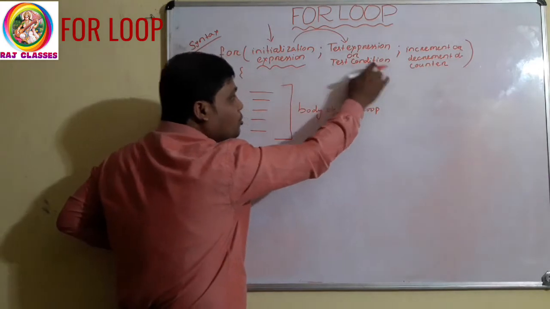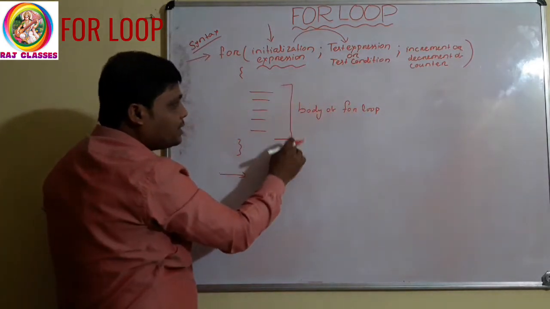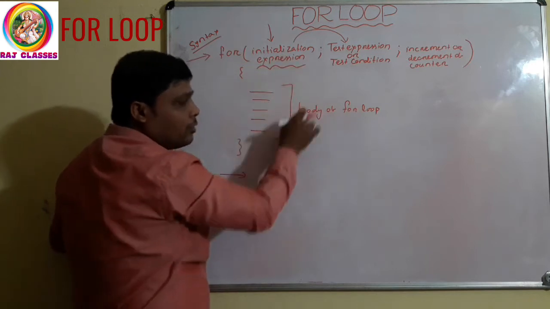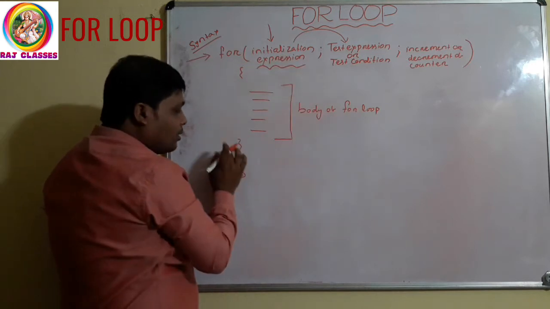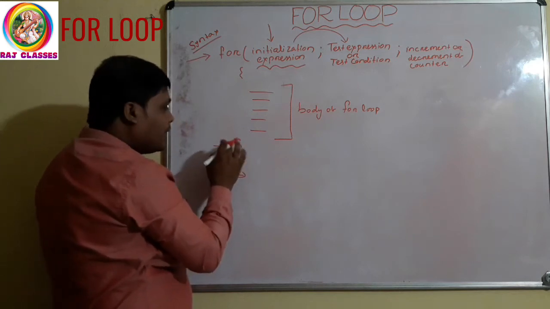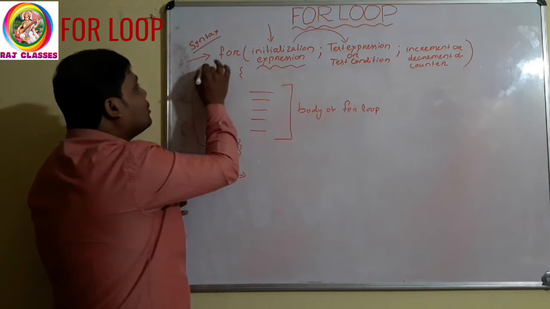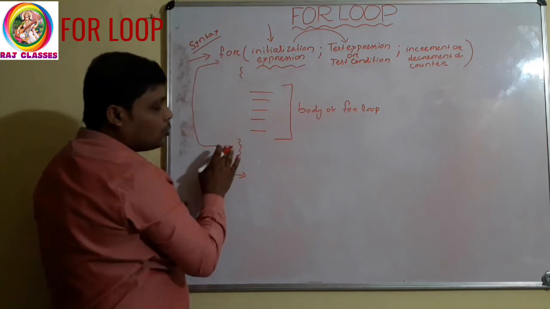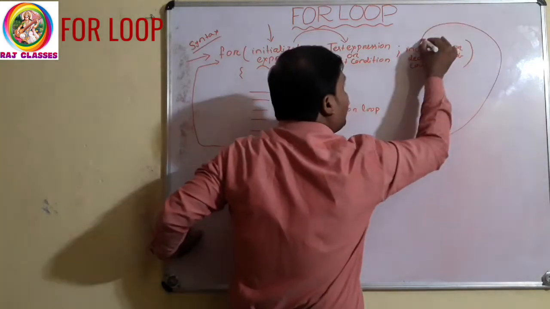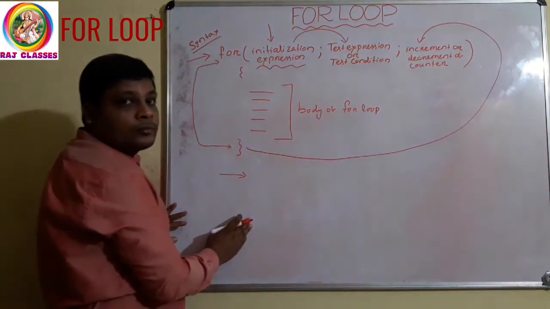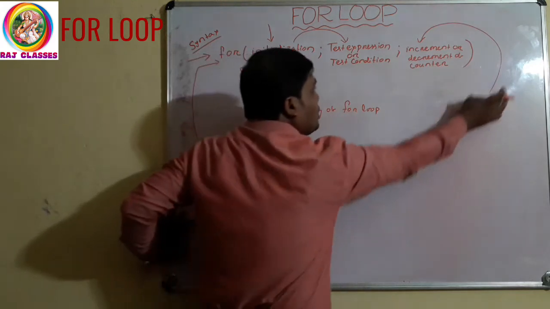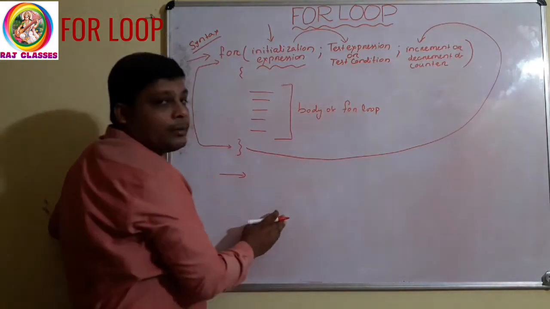If the condition is true, the statements under this for loop, the body of for loop, will execute. Then when the control reaches the end of for loop, it will automatically go to the starting of the loop, to the increment or decrement part. Clear?